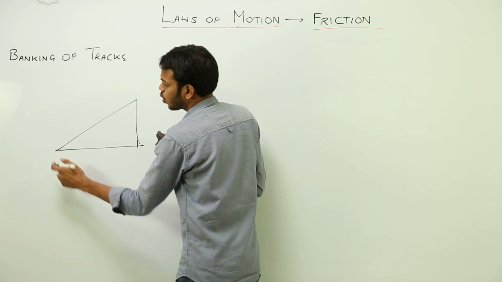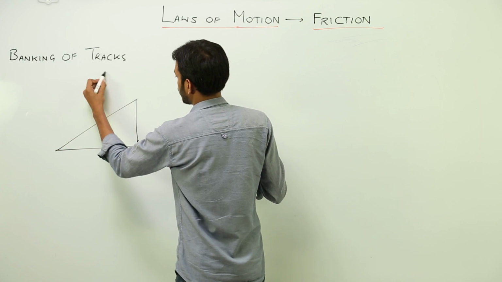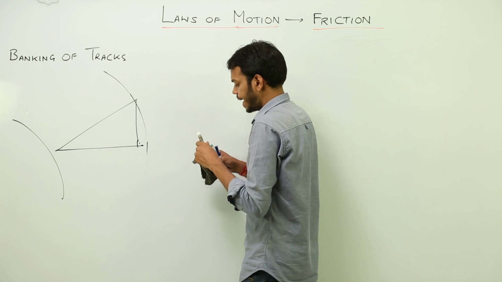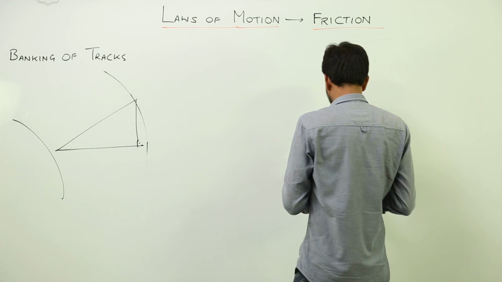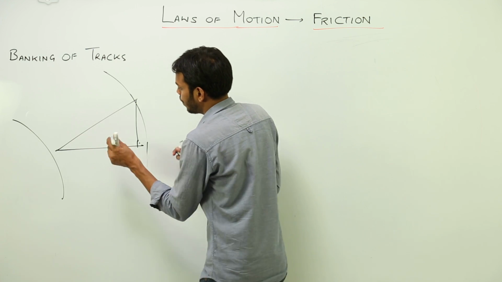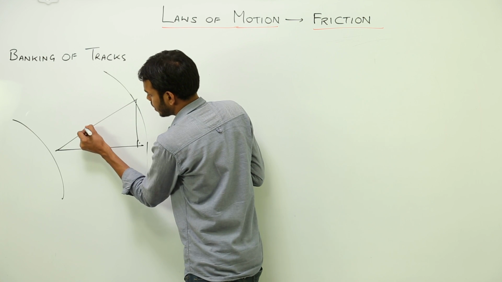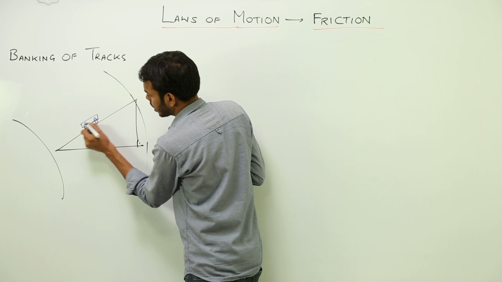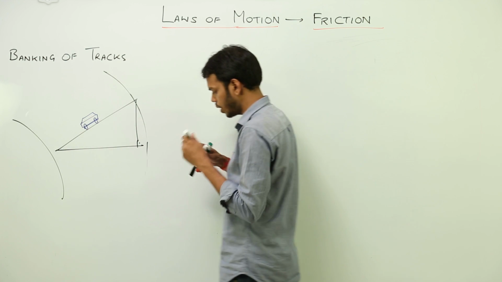This is the inner edge of the road and this is the outer edge of the road. So the circular track must be something like this. Right now, our vehicle is this, the tires, and consider the body. This is our vehicle.